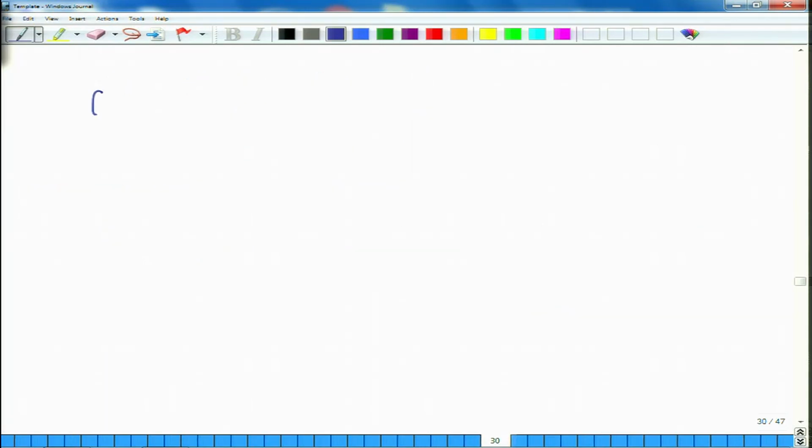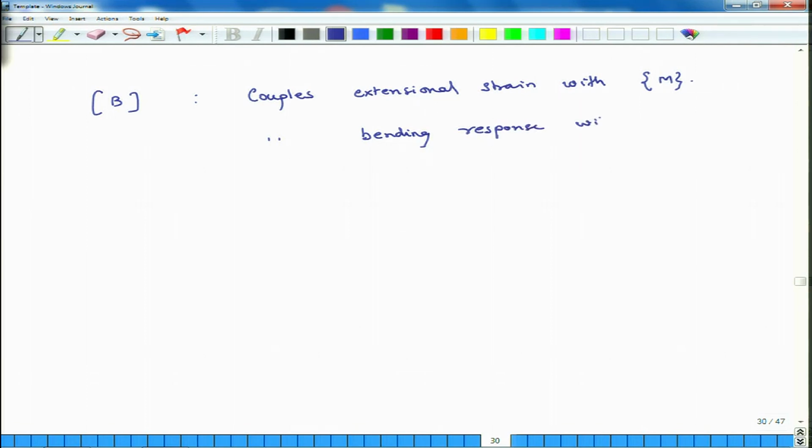Okay. Then the B matrix couples extensional strain with moment resultants, and it also couples bending response with force resultants.